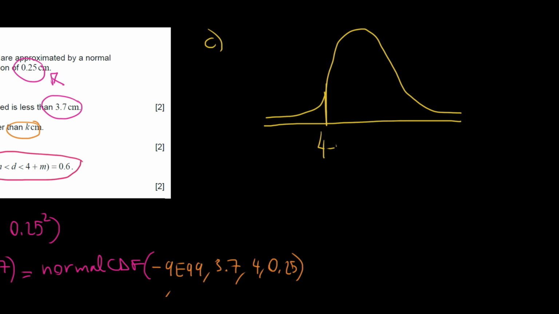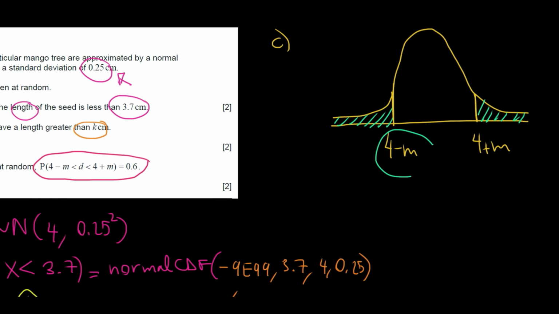Let me put this threshold here, 4 minus m, 4 plus m. Since this is a symmetrical distribution, I can infer that these values must be equal, and the probability of being between the two thresholds is 0.6.